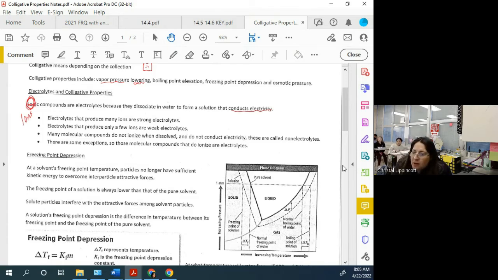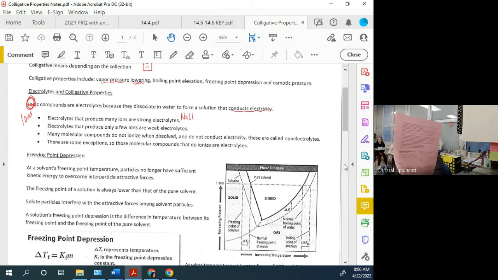So these electrolytes, many are going to produce ions that are strong electrolytes. Some of them are going to be weak. So some of them come apart a lot, like sodium chloride, and other ones don't come apart very much at all. And that's when you had your slightly soluble, if you remember back to this chart, you had SS on here, slightly soluble.